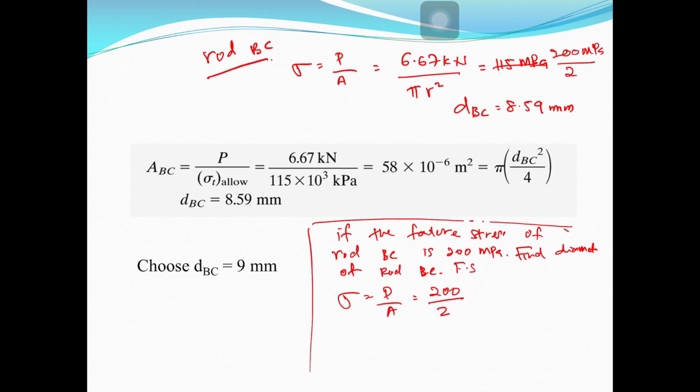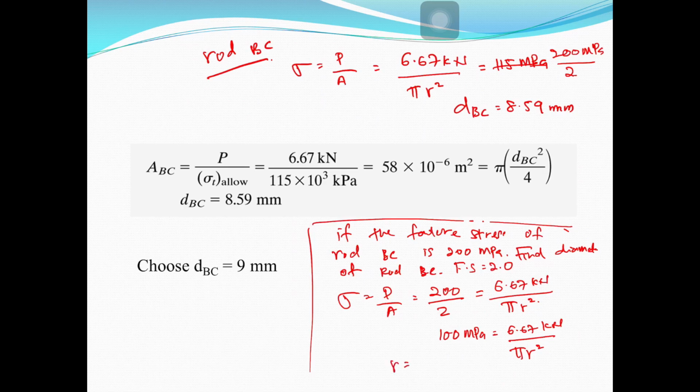Let's say the factor is 2.0, so divide by 2, you will have P over A, 6.67 kilonewton divided by pi r squared. So this one is left with 100. 100 megapascal is equal to 6.67 kilonewton over pi r squared.